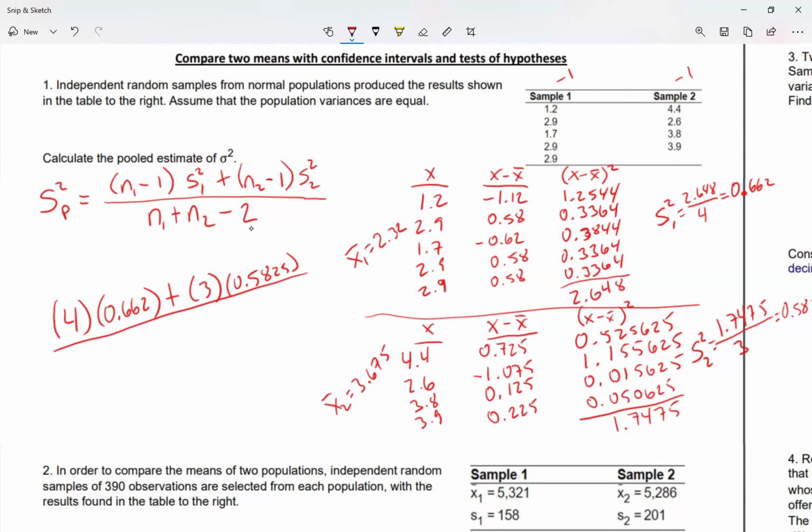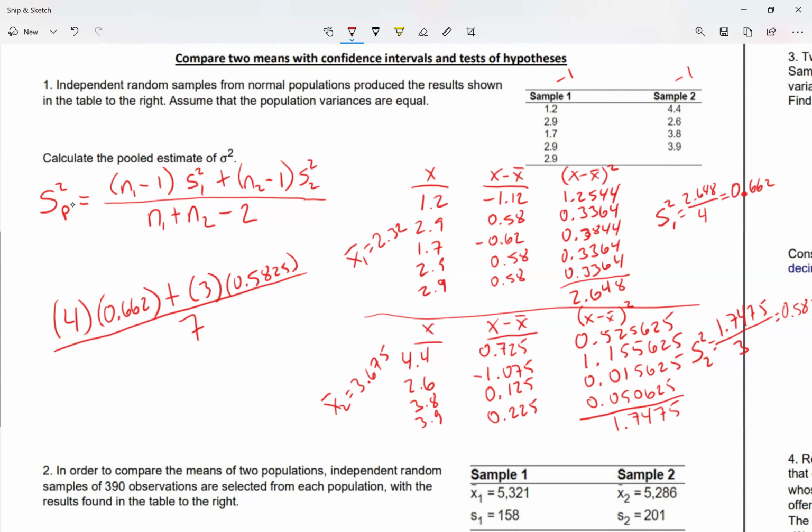5 plus 4 minus 2. Remember, N1 is how many numbers in sample 1. N2 is how many numbers in sample 2. So 5 plus 4 minus 2, I'm going to call this 7. Use a calculator.